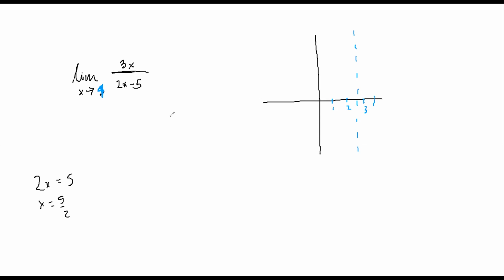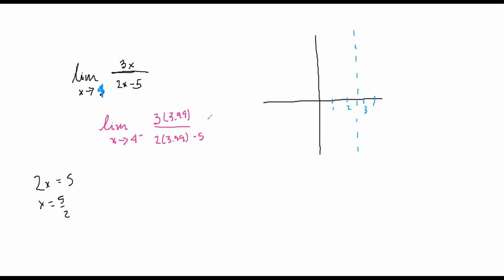Okay. So if x is approaching 4 from the left, it is the same as if x approaches 4 from the right. But we're going to go through both just to show that it's the case, which is a little tedious, but c'est la vie. So this is 3 times 3.99. I'm just going to use 3.99 here. 2 times 3.99 minus 5.